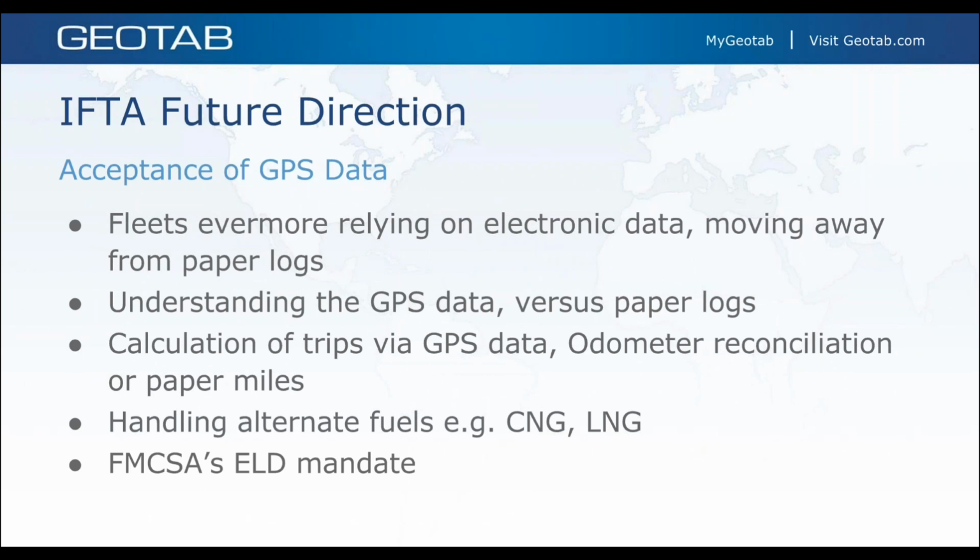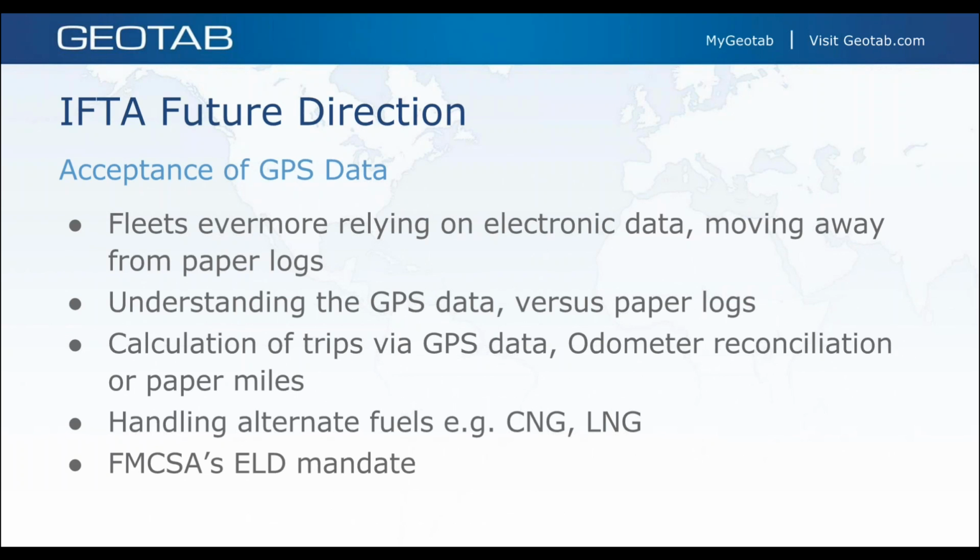Okay, a little bit on the history of IFTA and the use of GPS data. Like every industry, every organization, as technology improves, there are opportunities to leverage this information to make operations more efficient.